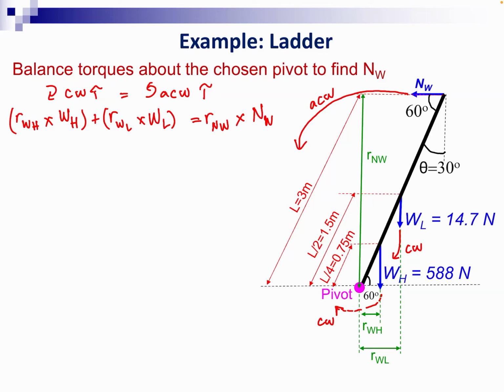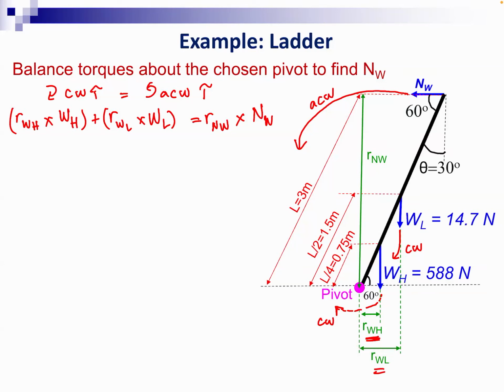Now, determining the moment arm for the weight force of Homer: it will be a line perpendicular to the weight force and passing through the pivot. So this will be the moment arm of Homer's weight. Similarly, for the weight of the ladder, the moment arm is perpendicular to your weight force to the pivot.